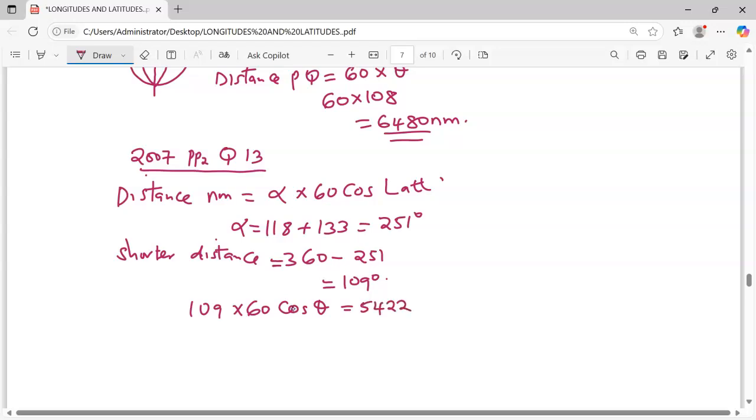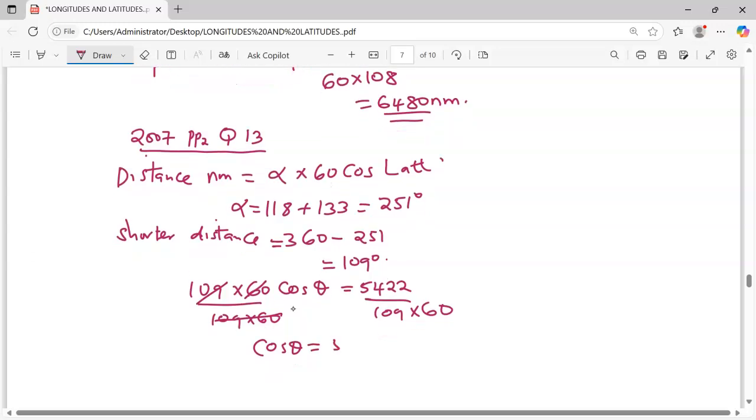From here now we can divide both sides by 109 times 60. 109 and 60 will cancel, leaving us with cos theta being equal to 5422 divided by 109 times 60, which is 6540.